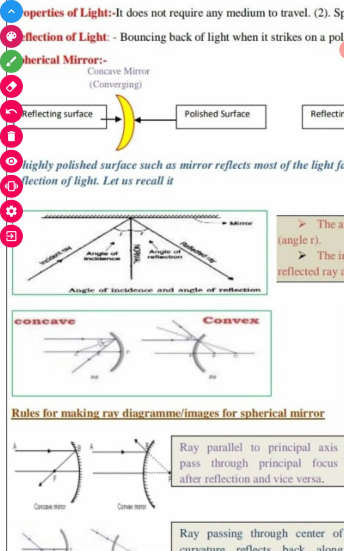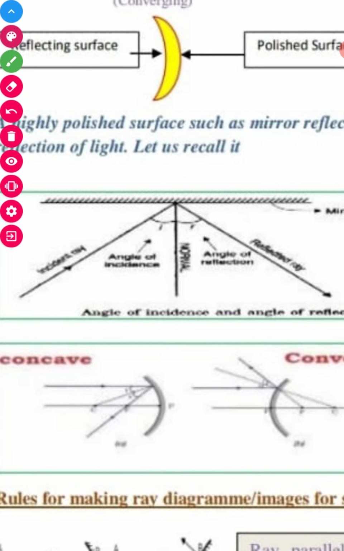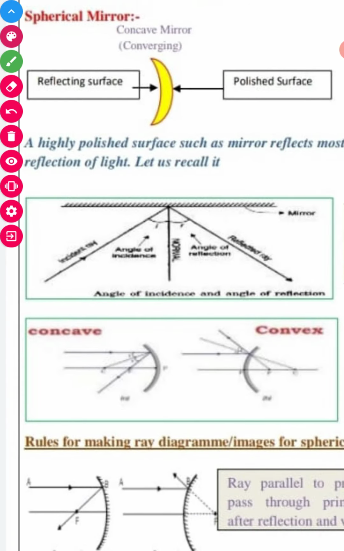There are two laws. First of all, for that you have to just go through this figure, which clearly shows you that this is the plane mirror, this is the polished surface of the plane mirror, and if this ray, called incident ray, strikes this polished surface of the mirror, it is perpendicular over this reflecting surface.